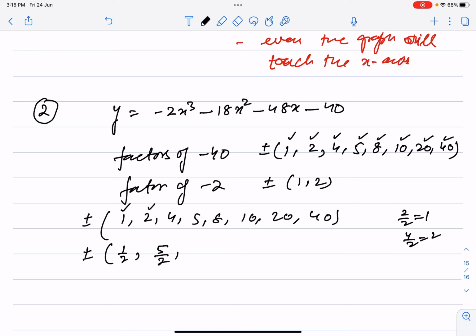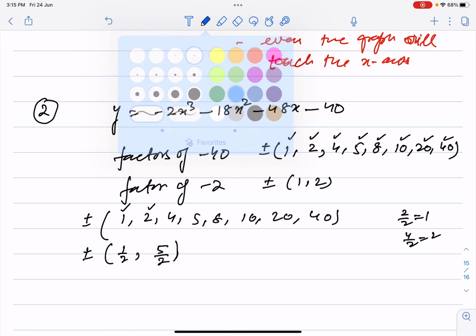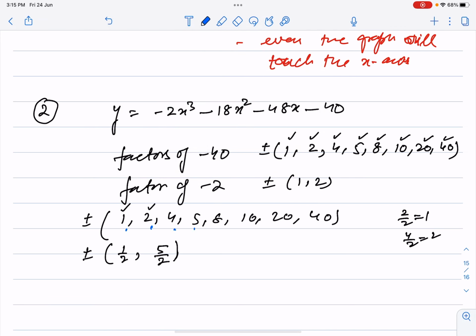And 40 divided by 2 is 20, also there. So these are going to be our possible roots. We can count: 1, 2, 3, 4, 5, 6, 7, 8, 9, 10 and double that, so among 18 we have the option to find the roots.